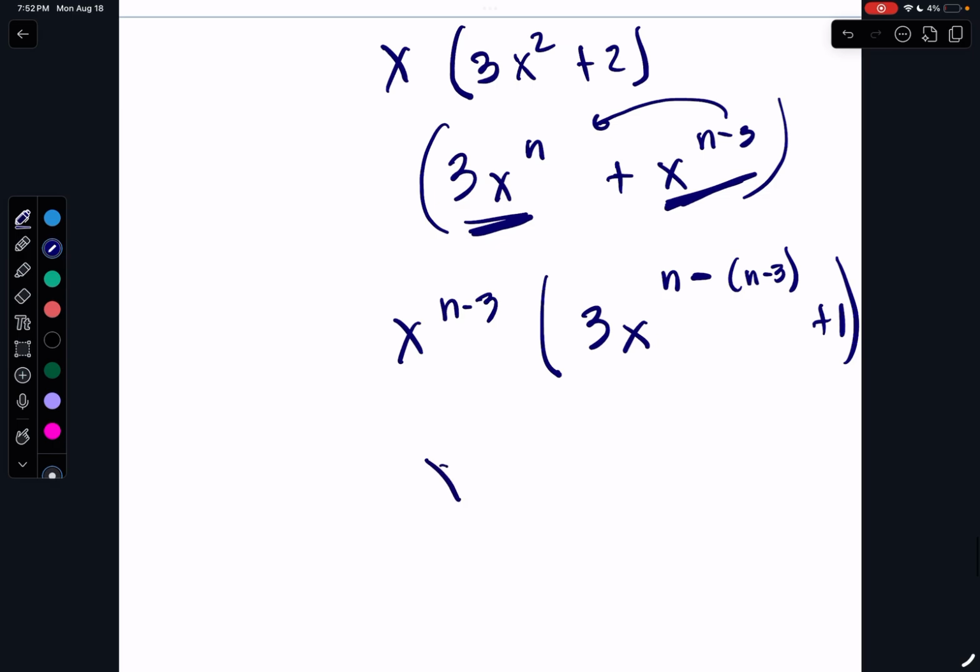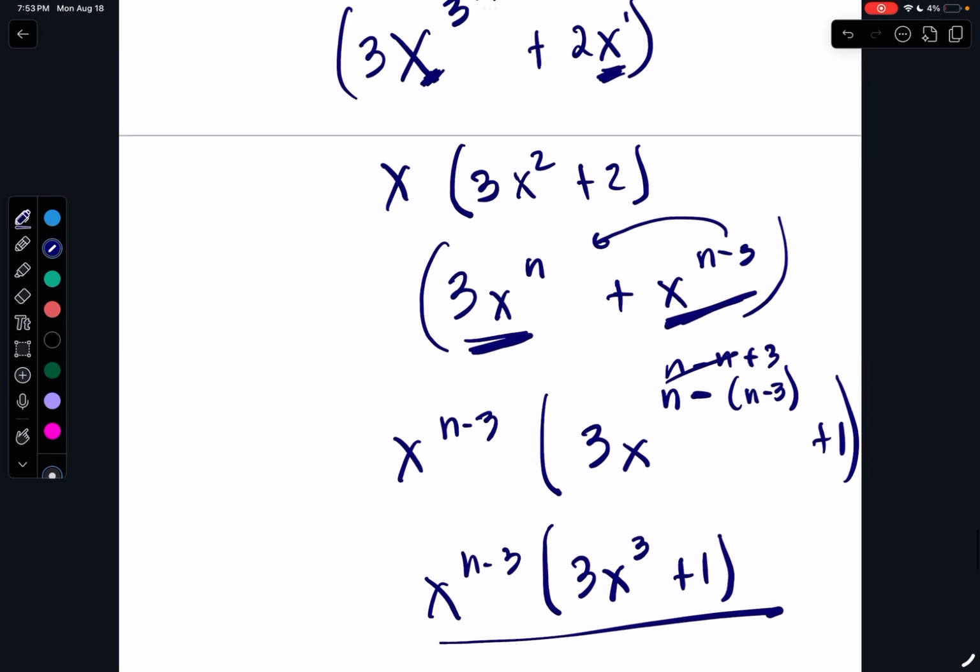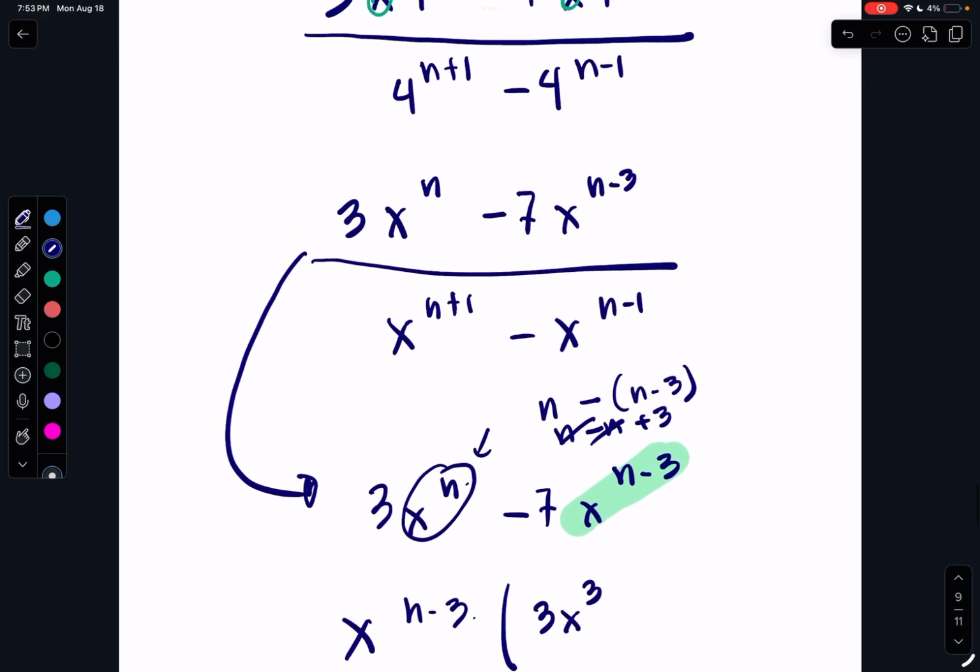So you have x^(n-3) times 3x, and this will become n minus n plus 3, because of the negative sign, so this is going to cancel out, and then you have 3 plus 1. That is the process on the numerator here.